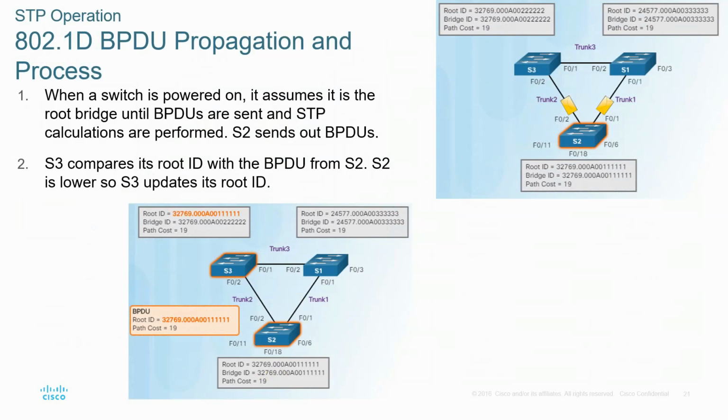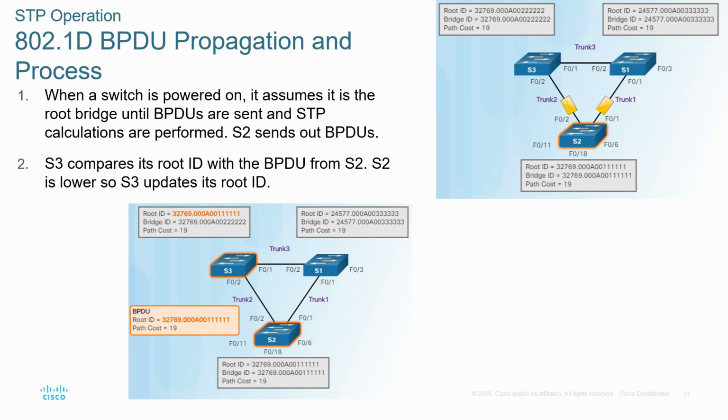The bridge ID of S3 is also 32769, but the MAC address ends in twos. So the bridge ID of S2 is lower than the bridge ID of S3. And so S3 now confirms that S2 is the root bridge. So in the first BPDU sent by S2, S2 is assuming that it is the root bridge. Once this packet arrives at S3, it will confirm that S2 is the root bridge. And so it will send this packet to S1.